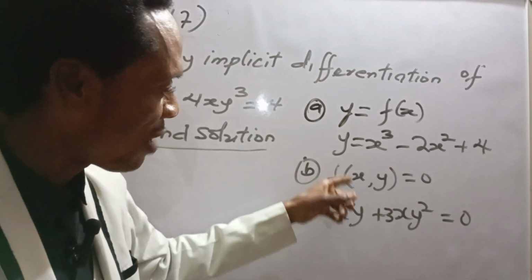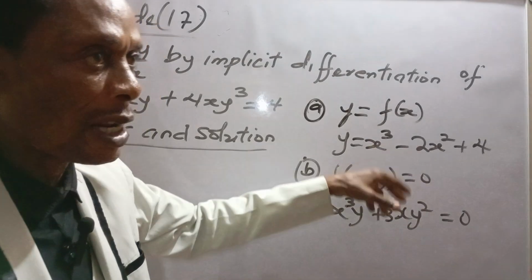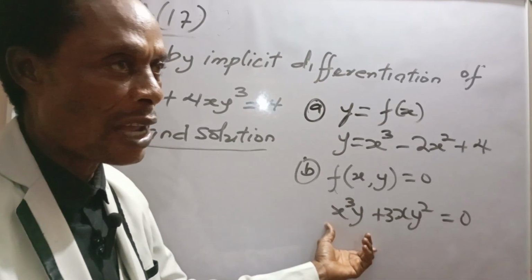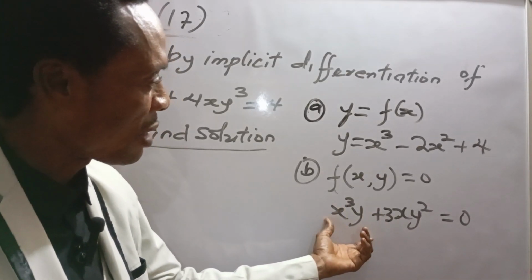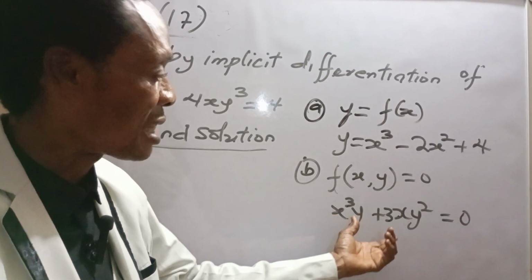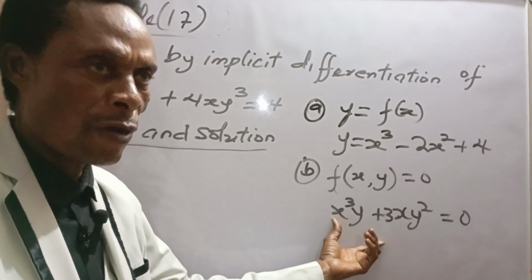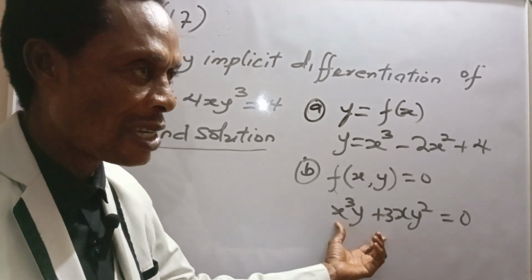This is f of x comma y equals 0. You discover that x and y are both involved in the question. It is not that y is dependent and x is independent; both of them are involved. So this is an example of implicit differentiation.